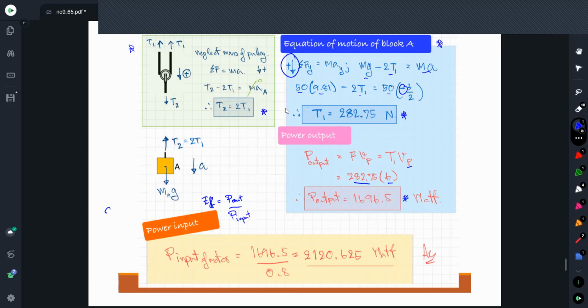So the power input is equal to power output divided by the efficiency. The power input supplied to the motor, normally the electric power supplied to the motor, should be 2,120 watts. Okay, let's complete this problem.